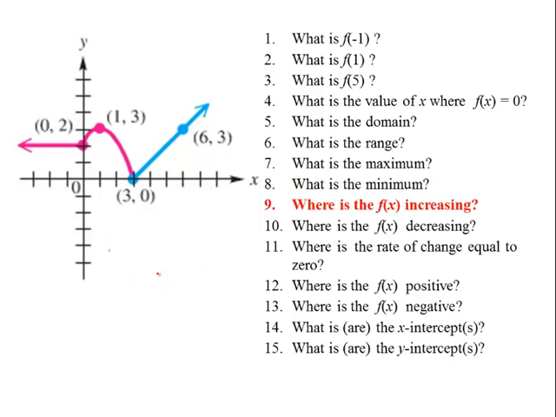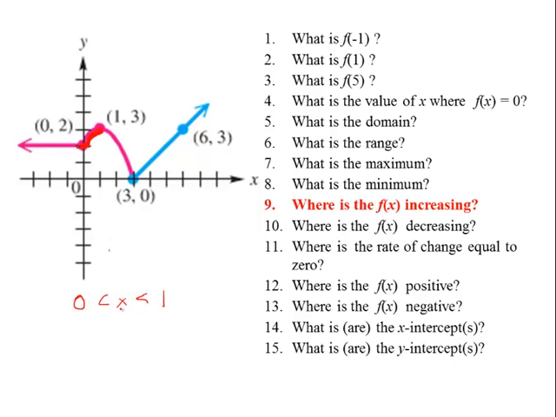Where is f of x increasing? Well, that is asking where the slope is positive. So from this point here, the slope is 0. So from this point to this point, we have a positive slope. This is decreasing, and this blue part is increasing. So we have two sections from 0 to a positive 1.